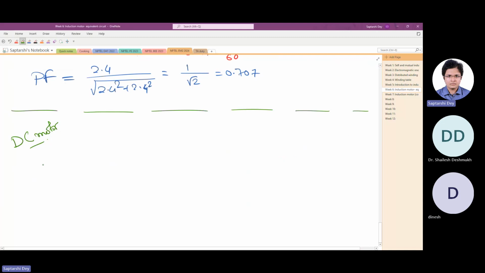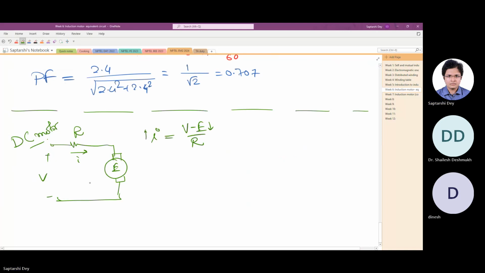Say you have a DC motor with a back EMF E, some current I flowing, and a supply voltage V, and the current I is given by V minus E by R. Now, when you load the machine, the speed reduces. Speed reduces means E reduces and I increases. The back EMF reduces.